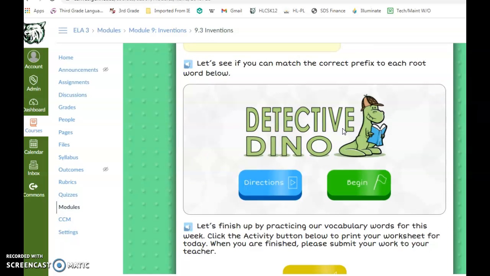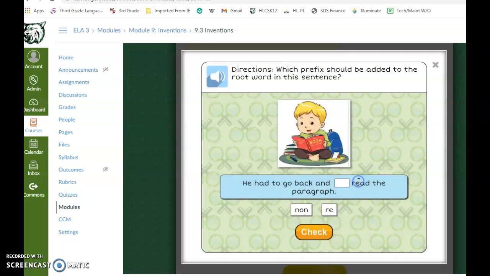So another game that we can play is asking us which prefix should be added to the root word in the sentence. He had to go back and blank read the paragraph. So non or re, and remember re means again, so it gave us that context clue right here. He had to go back. So we'd type in re.